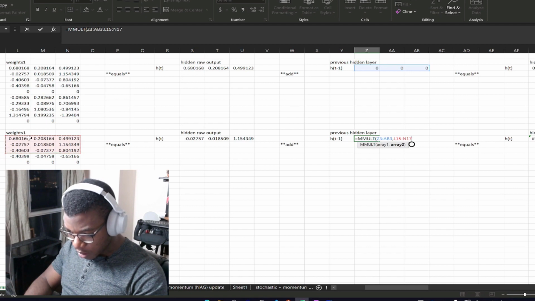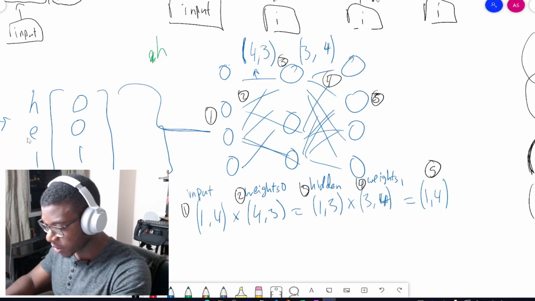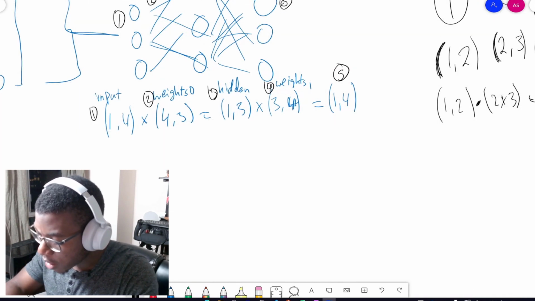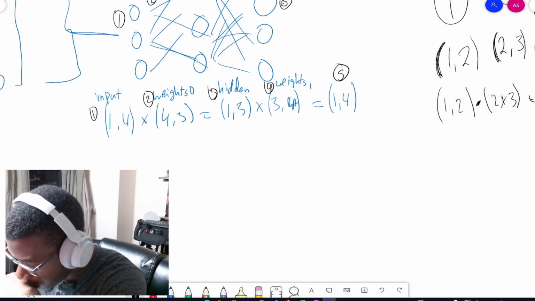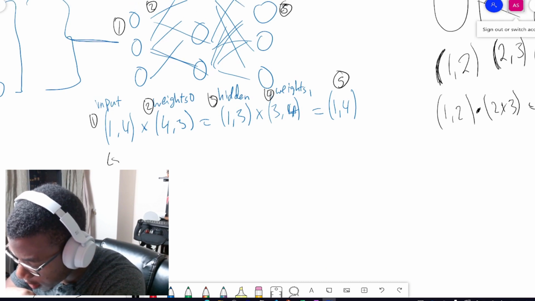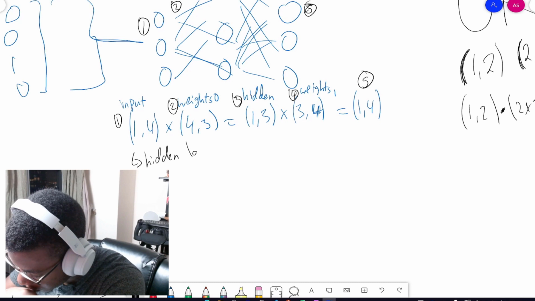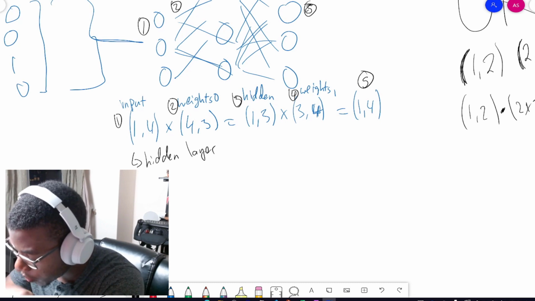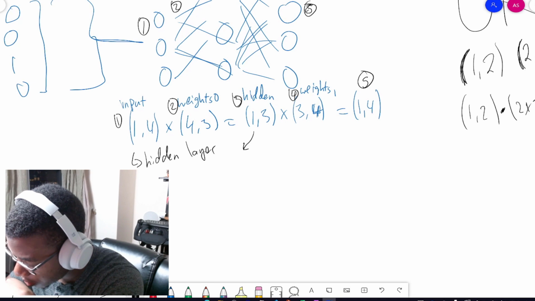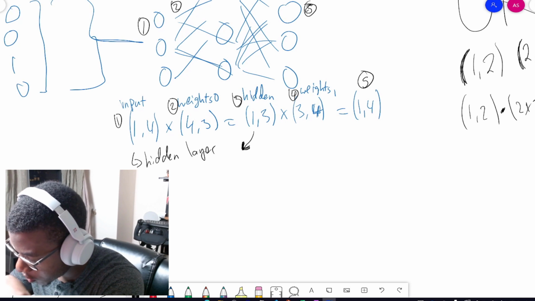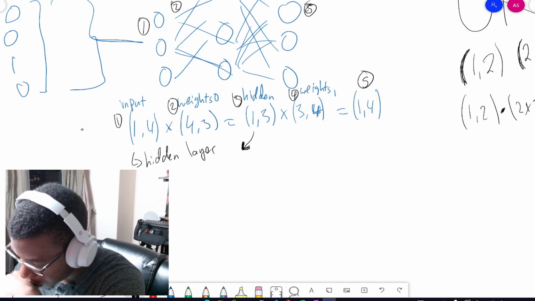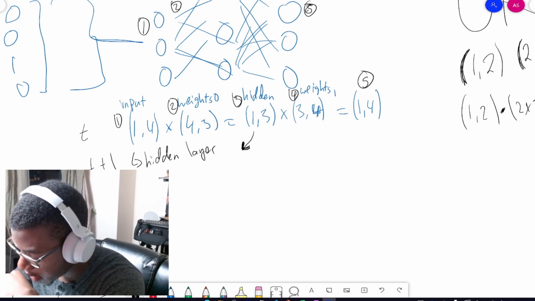Oh, actually, hold up. Ooh, okay. Now we're getting into an interesting part. So now, when we have our hidden layer, for the hidden layer, what we want to do is we want to take whatever was in the previous hidden. So if this is time step t, for time step t plus 1, what we want to do is take whatever's in the hidden layer previously.